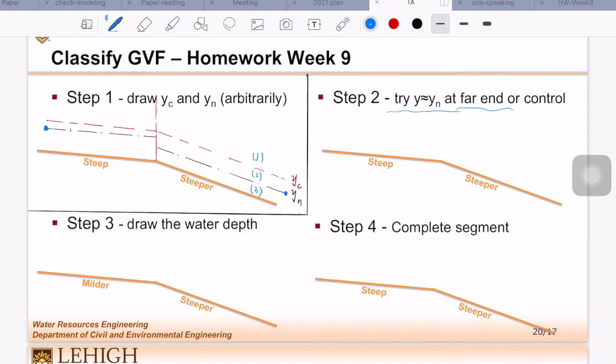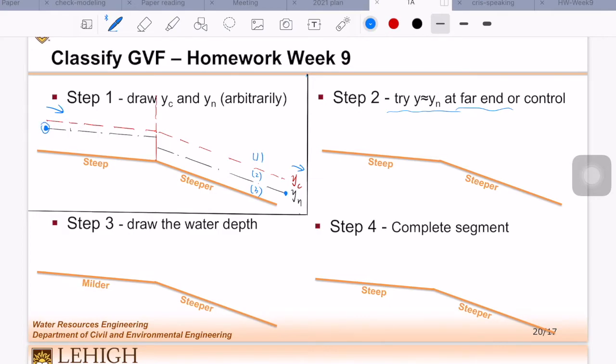And since we know the water depth at this point is less than the critical depth, we will draw the water depth from the upstream to downstream, similar to this point.